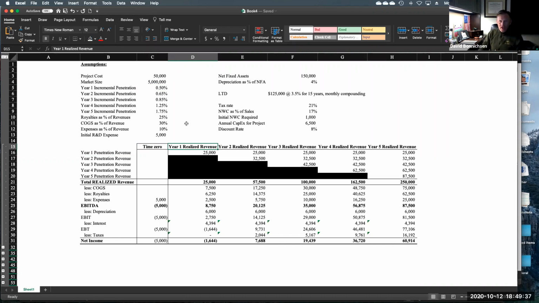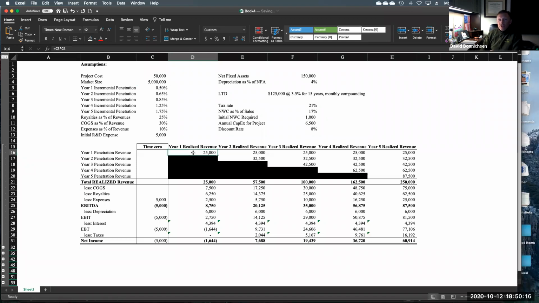You have incremental layers of revenue coming in the door based upon each year's incremental market penetration rate. But in year 1, we've only got the year 1 penetration rate that equates to the year 1 realized revenue, which is simply the 0.5% times the market size.